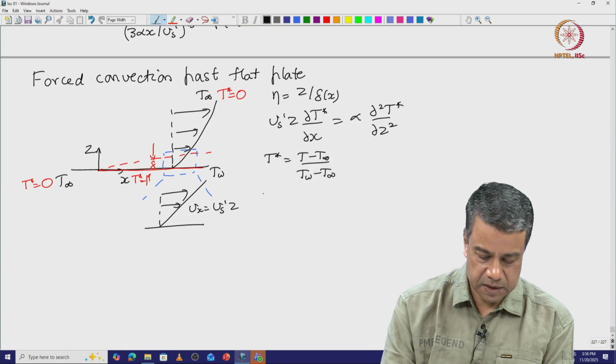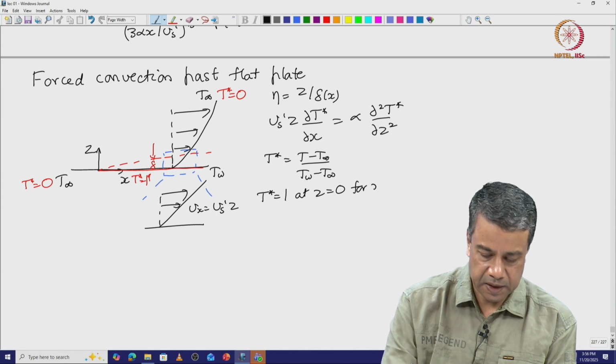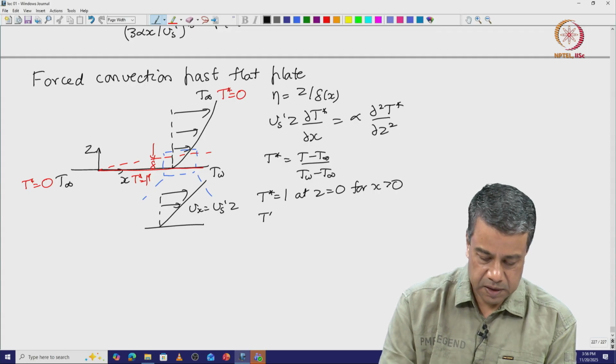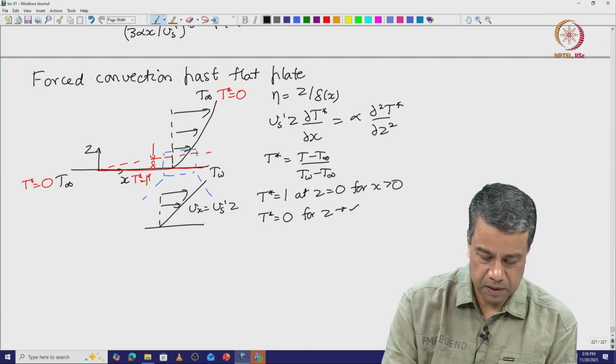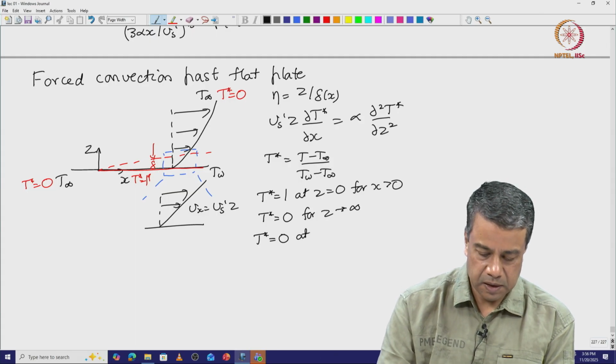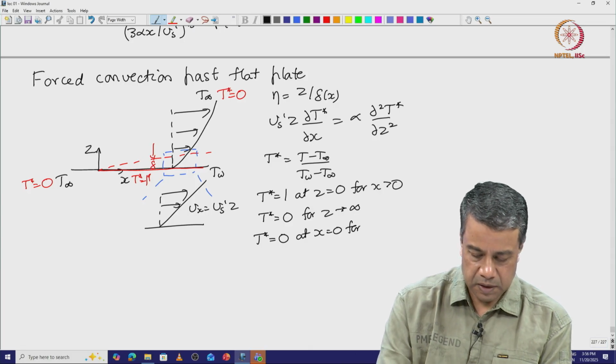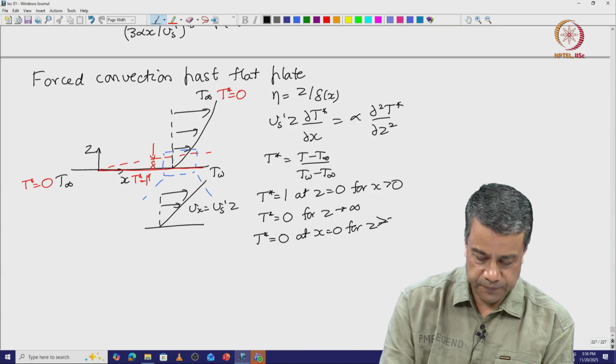So, the boundary conditions are T star is equal to 1 at z is equal to 0 for x greater than 0, T star is equal to 0 for z going to infinity, and T star is equal to 0 at x is equal to 0 for z greater than 0.